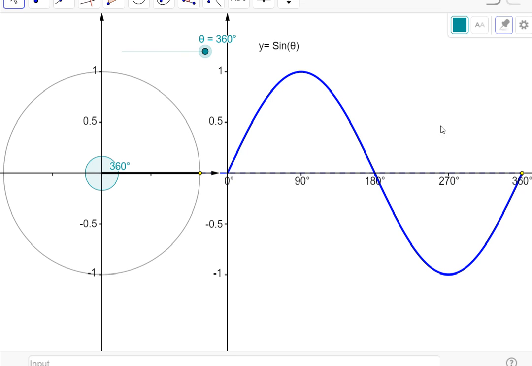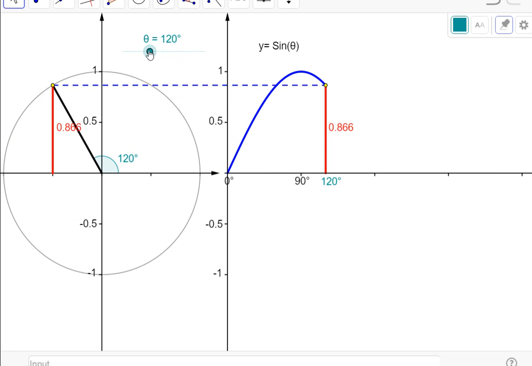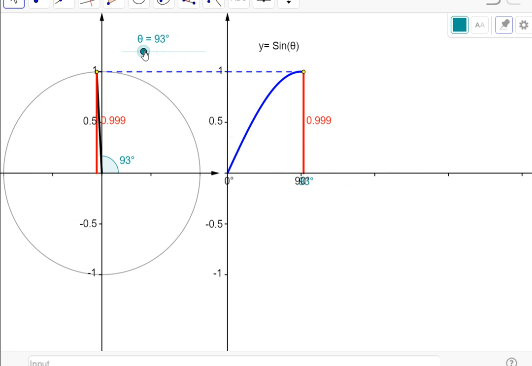So from 0 to 360 degrees, or from 0 to 2 pi, is one period for a sine function, for a simple y equals sine theta function. And for some other key points on this, sine of 90 degrees is 1. You can see that we've gone through an angle of 90 degrees.